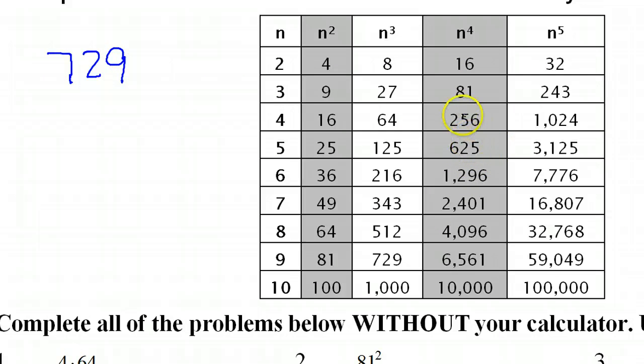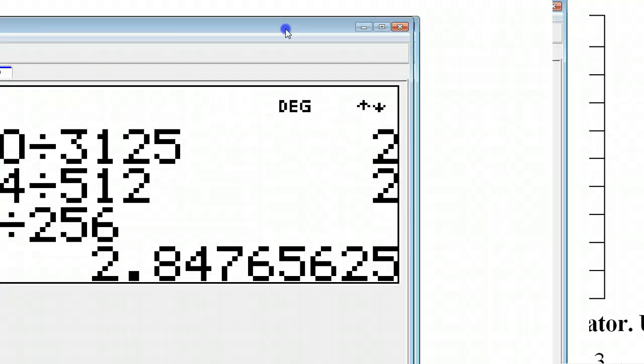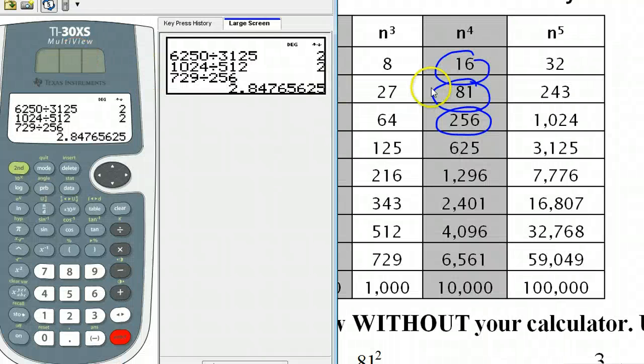Okay, so let's start trying these numbers one at a time. Okay, 256 did not work. Okay, fine.